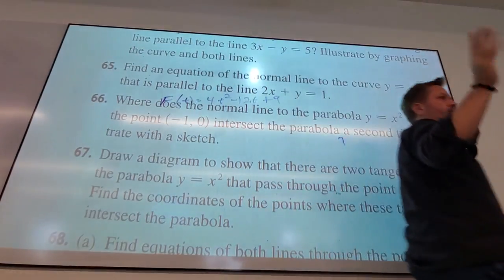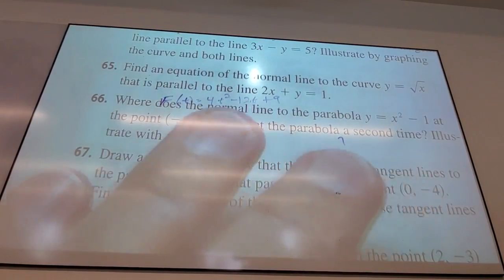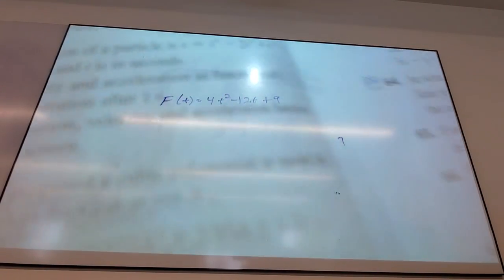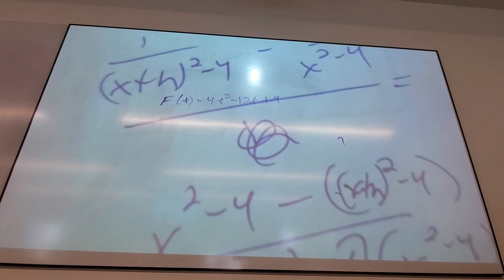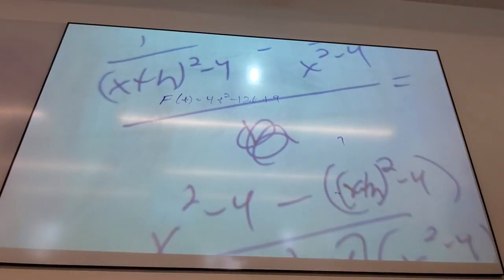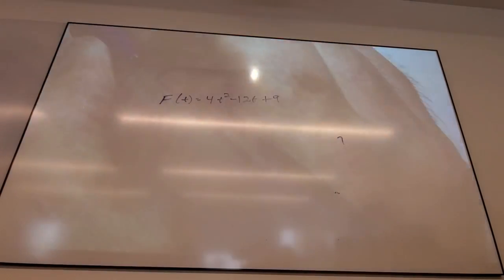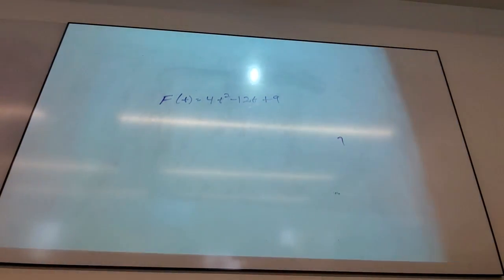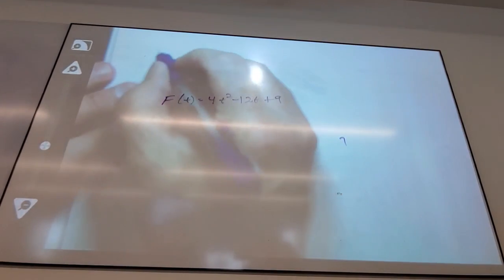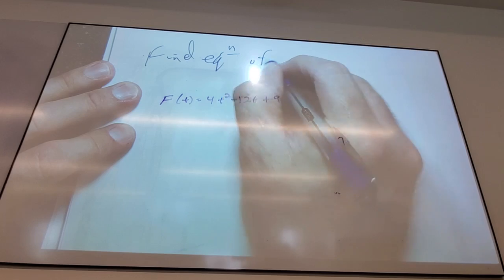Can you give us another quick example of a normal line question? Oh, sure. Let's see. It would look exactly like a tangent line equation, except I'll use the word normal. Find the equation of the normal line.